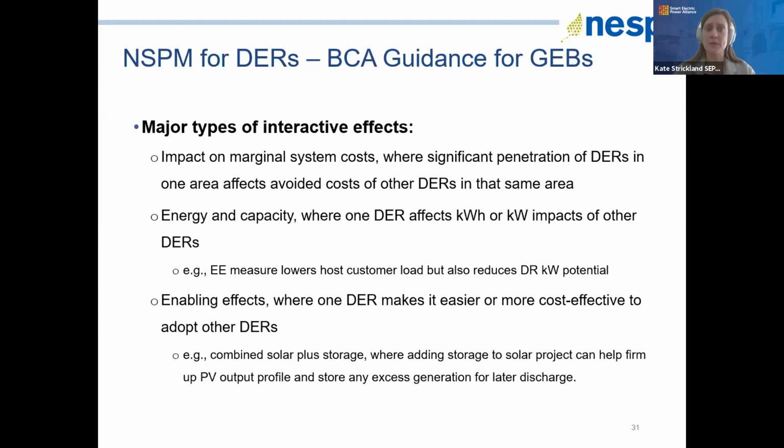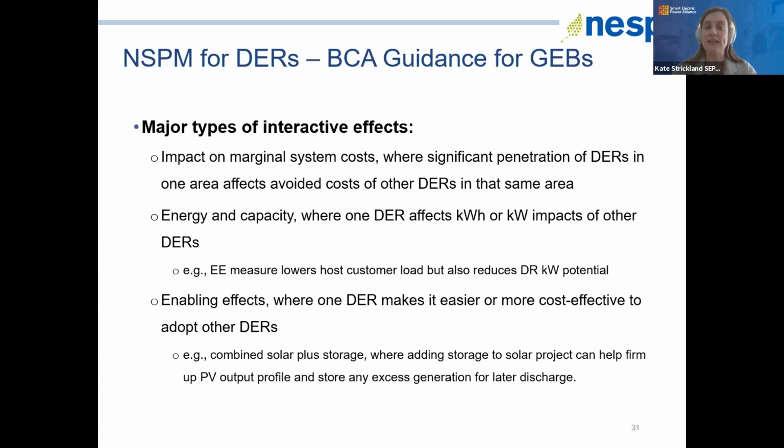An additional type of interactive effects is energy and capacity. This is one DER affecting the kilowatt hours or kilowatt impacts of other DERs. We're going to explore this a little bit more in the illustrative case study as well. And this is particularly important for GEBs.